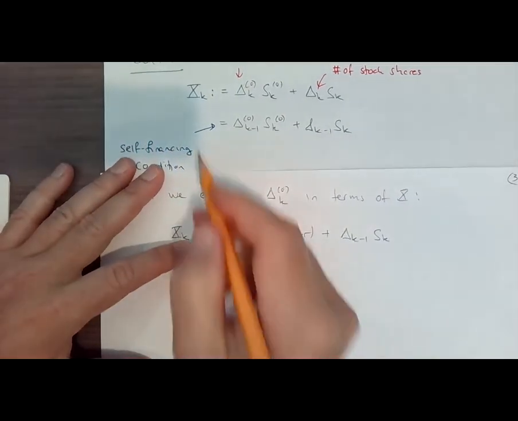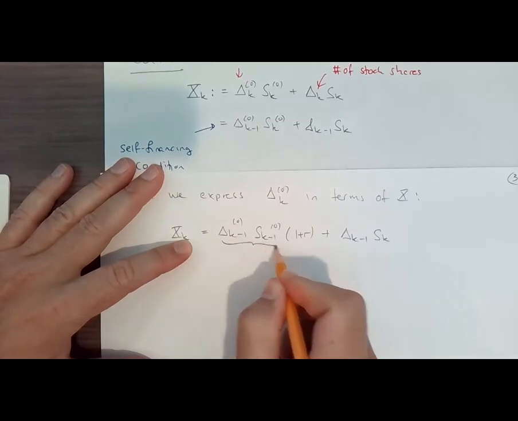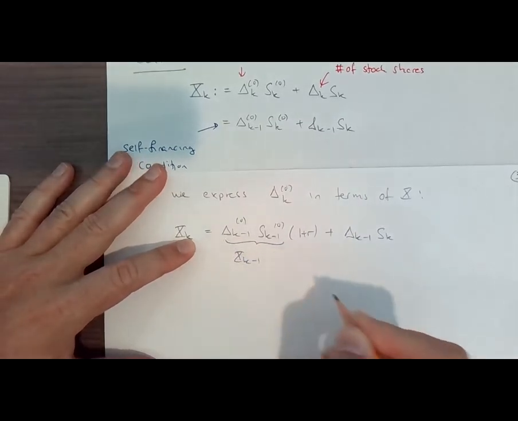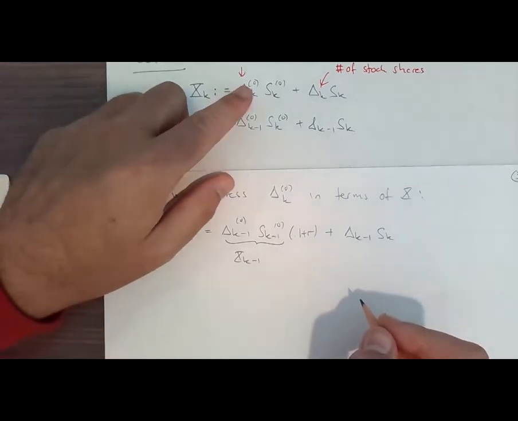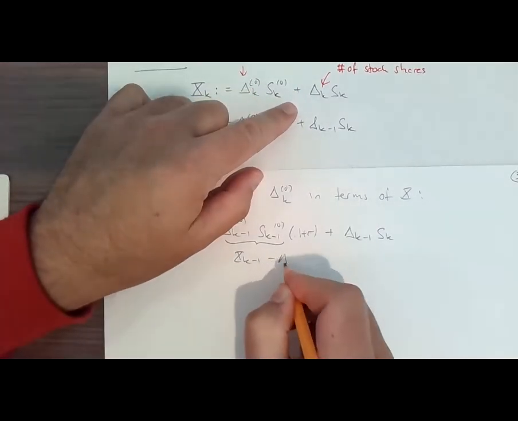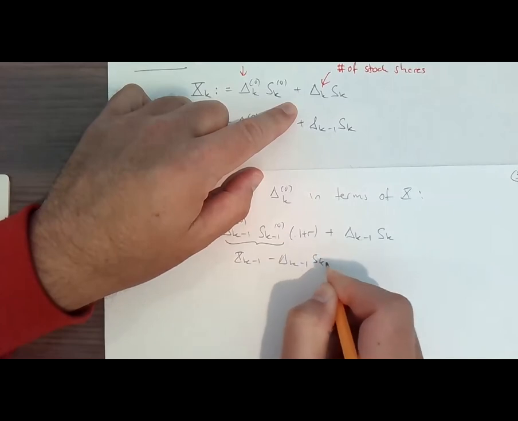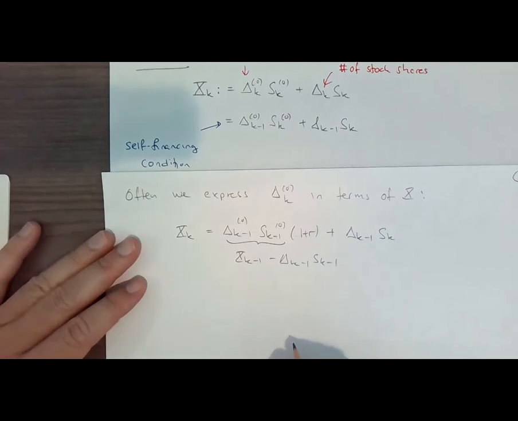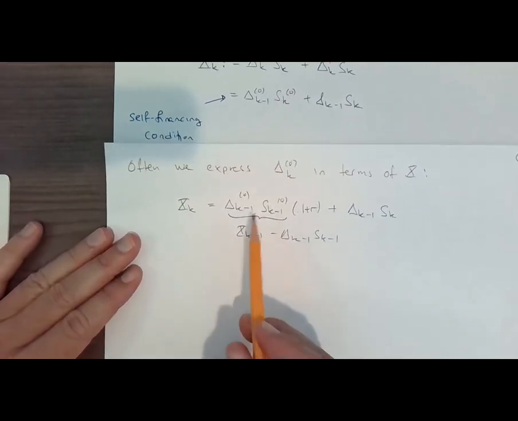And now I'll use the first part of here. This quantity here, this is nothing else than xk minus 1 minus delta k minus 1 sk minus 1. So I'll be able to replace, and this is where the substitution happens, right?